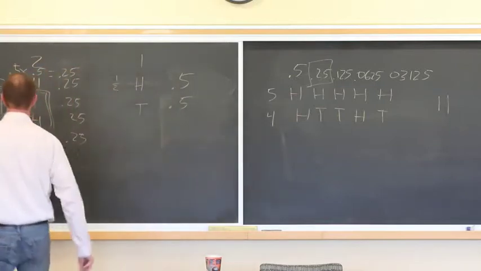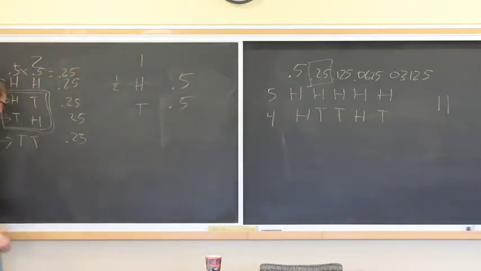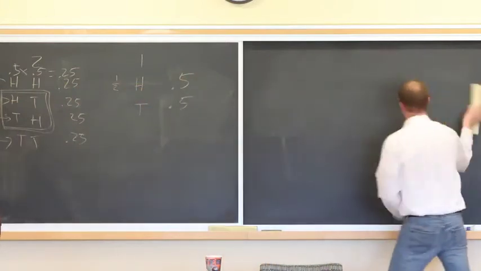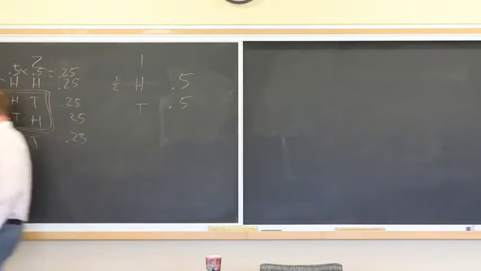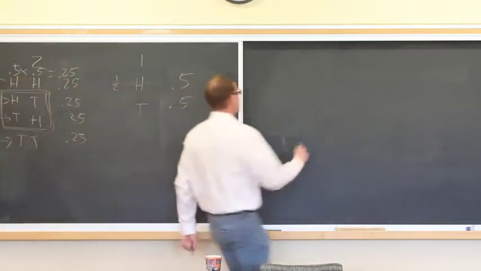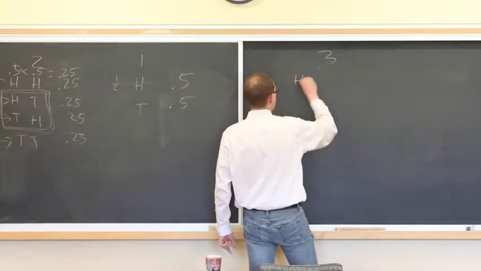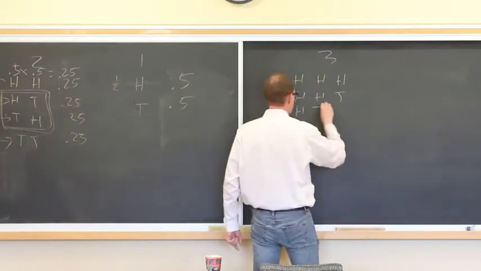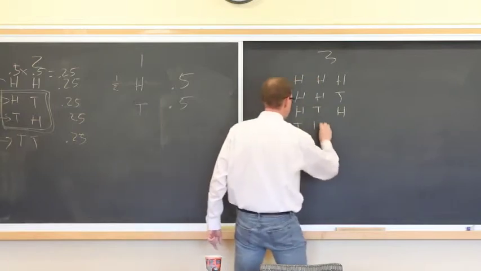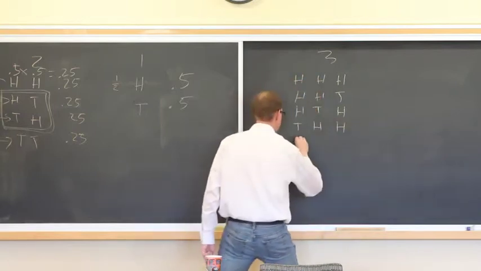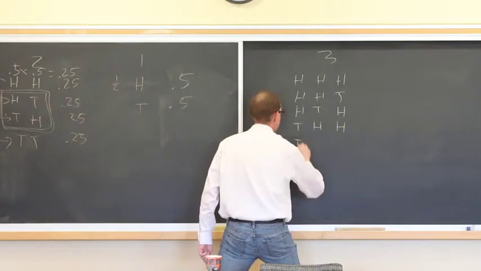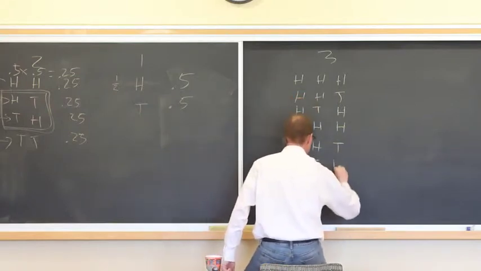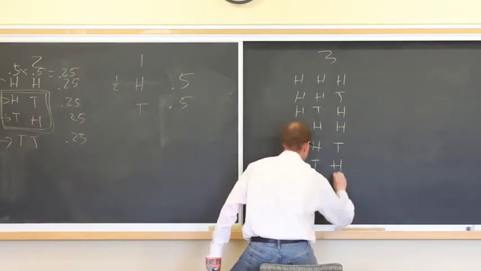So we can solve this a number of ways. We can do it by calculating out all of the possibilities, or we can do it by just multiplying things. So if we have 3 events, we can have head, head, head; head, head, tail; head, tail, head; tail, head, head; tail, head, tail; tail, tail, head; tail, tail, tail.